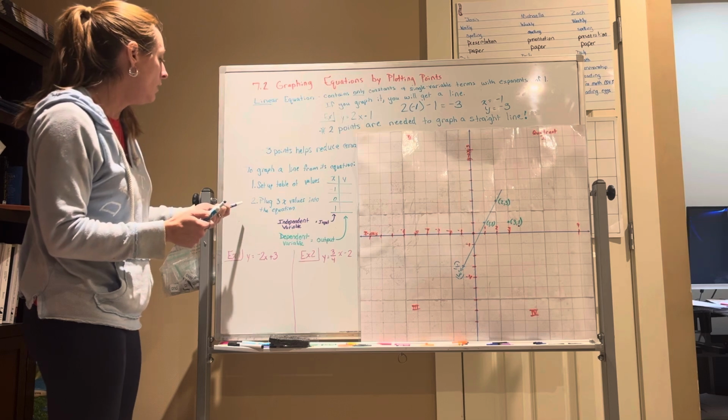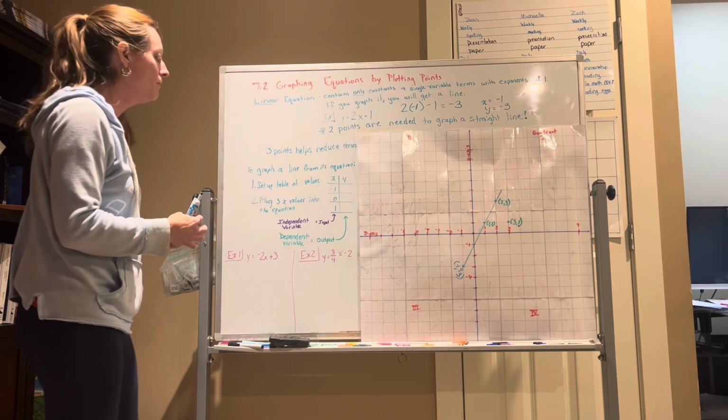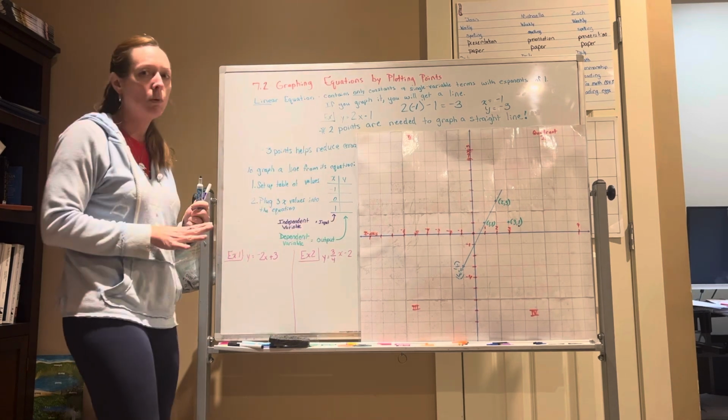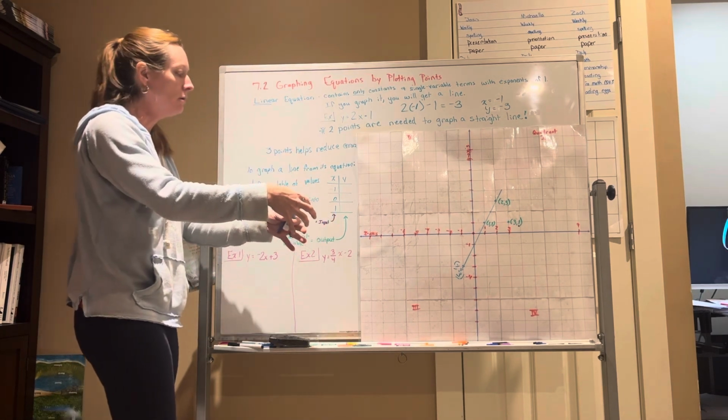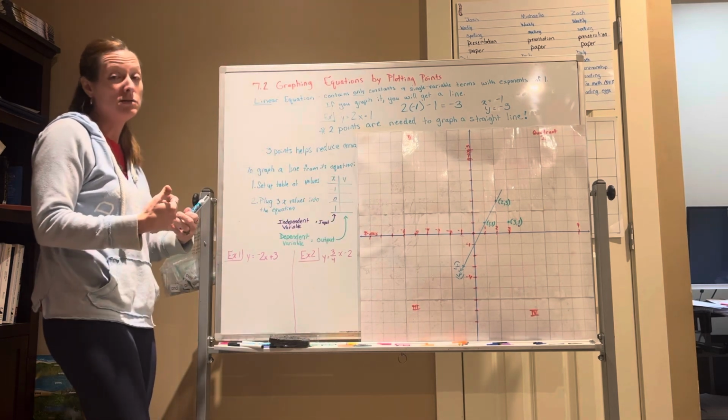So then we would plug 3 x values into the equation. The x values in these examples are going to be our inputs. That's what we're putting into the function. And then what we get out of the function is the output.